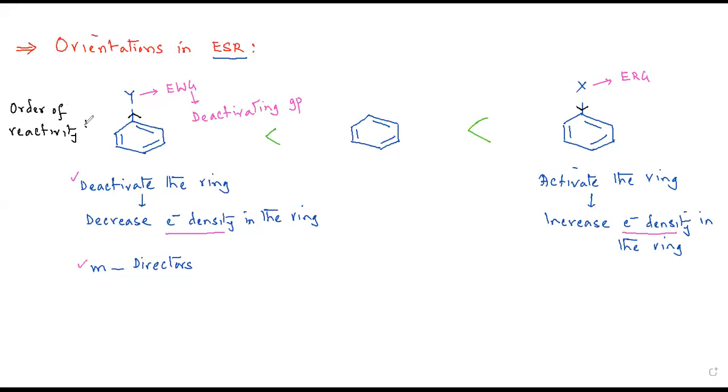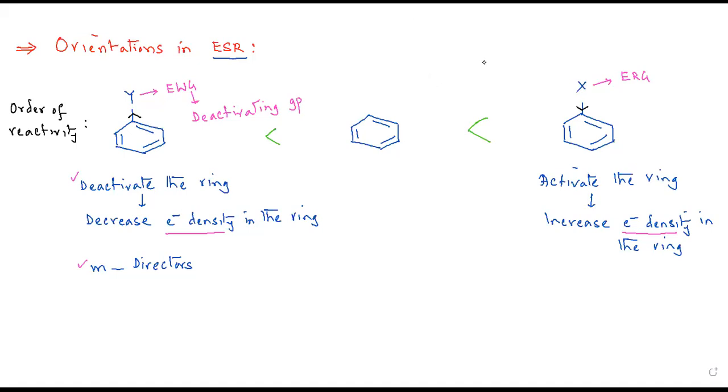Of these three, in general, we'll have only these three varieties: with no group at all on benzene ring, with a withdrawing group attached, or with a releasing group attached. Generally, the releasing groups activate the ring. So, electron density increases in the ring.